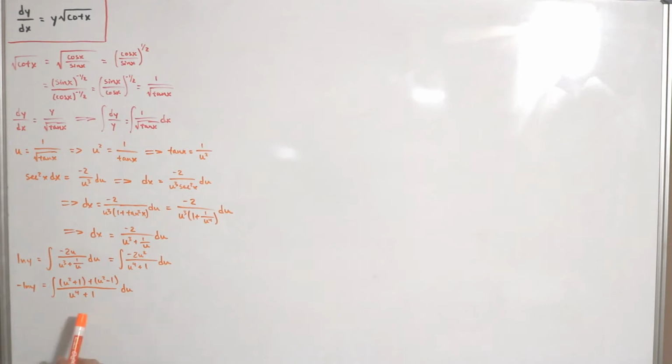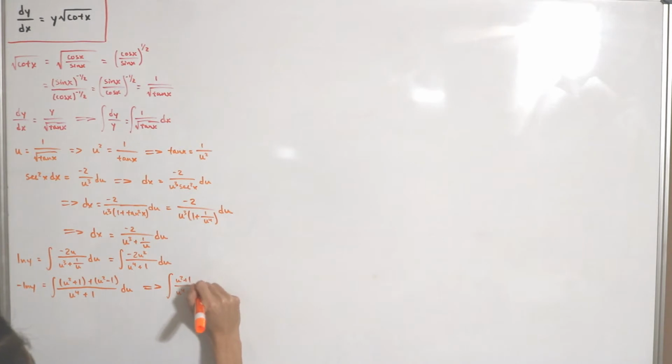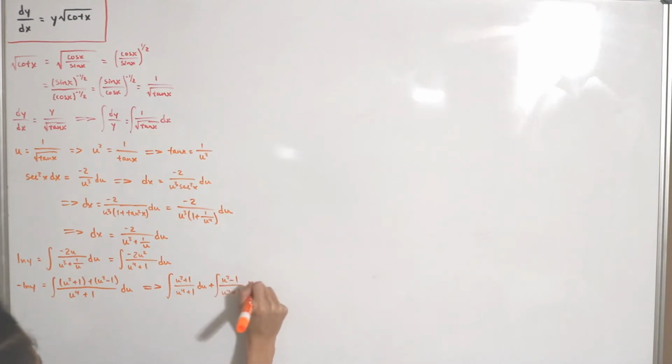But what I can see is that we can use our rules of fractions to split this into 2 different fractions of the same denominator, and then use linearity to take 2 different integrals. So really this is u squared plus 1 by itself, divided by u to the power 4 plus 1 du, and then that's being added with u squared minus 1, divided by u to the power 4 plus 1 du.